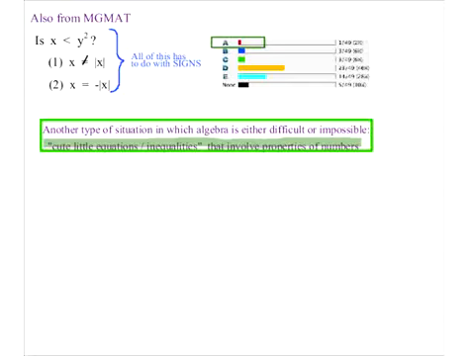How many signs are there? Yeah, there are not 2 signs, there are 3 signs. The unknown doesn't count. Unknown is not a sign. There are 3 signs.